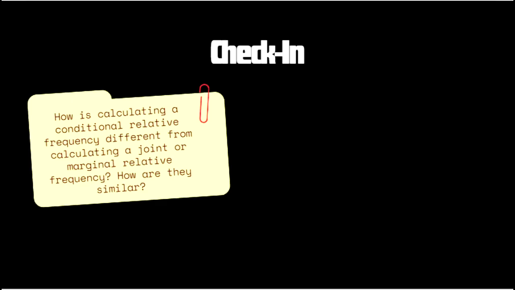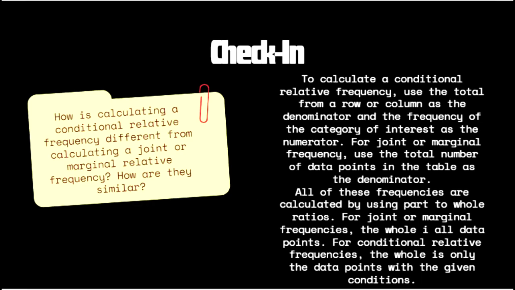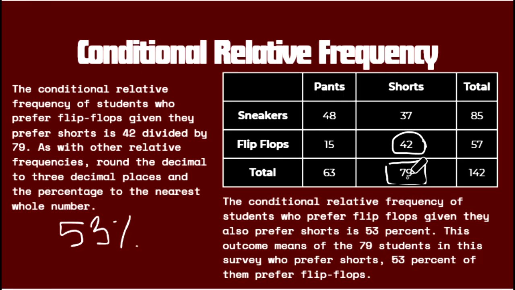Here's a check-in. How is calculating the conditional relative frequency, which is what we just did, different from calculating a joint or marginal relative frequency? How are they similar? To calculate a conditional relative frequency, use the total from a row or column as the denominator, and the frequency of the category of interest as the numerator. For joint or marginal frequency, use the total number of data points in the table as the denominator. So for conditional relative frequency, we're using one of these totals, okay?